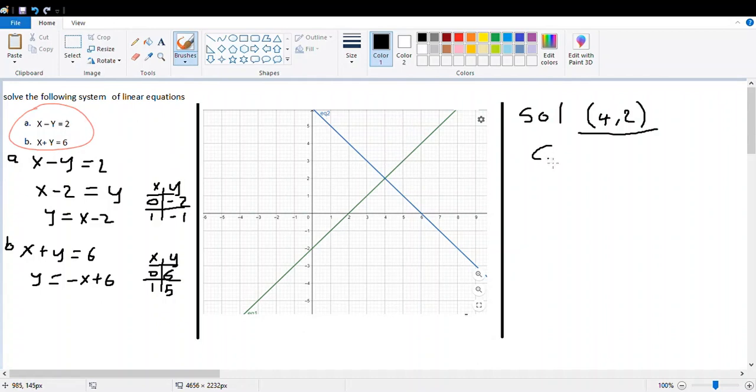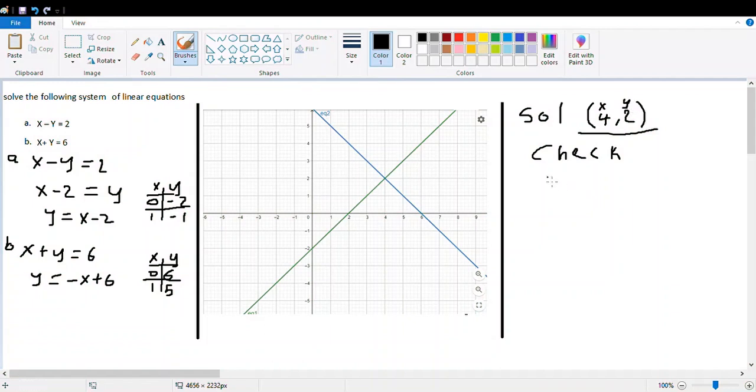How can we check? It's really simple. All we have to do is replace our ordered pair in each equation. Remember that the first component is the x component and the second component is the y component.